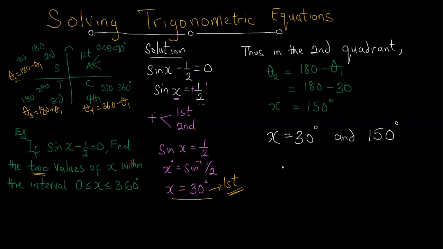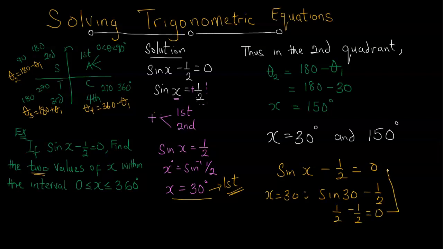For example, we have that the equation is sine x minus 1/2 equal to 0. If x is 30 degrees, this is going to be sine 30 minus 1/2. Sine 30 is 1/2, so this is 1/2 minus 1/2. So we can see that we got a value of 0 that is equal to the right hand side.